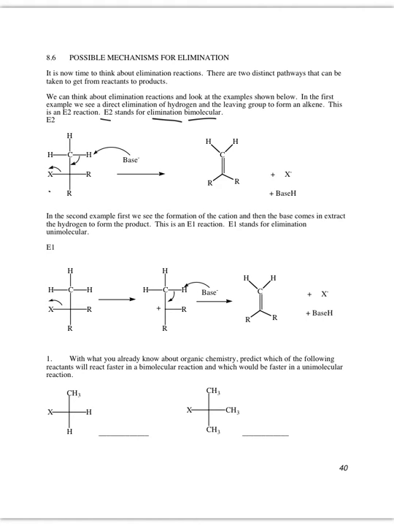The base and the compound with the leaving group have to come in contact at the same time, whereas the E1, all we need is our alkyl leaving group in the rate determining step to form the cation, just like in the SN1, and then the base will come in and grab the hydrogen. So the first step of the E1 is the rate determining step. The only step of the E2 is the rate determining step.